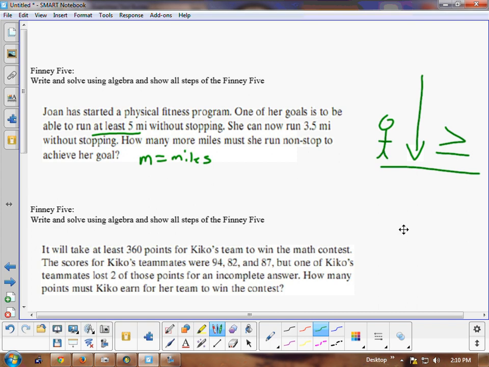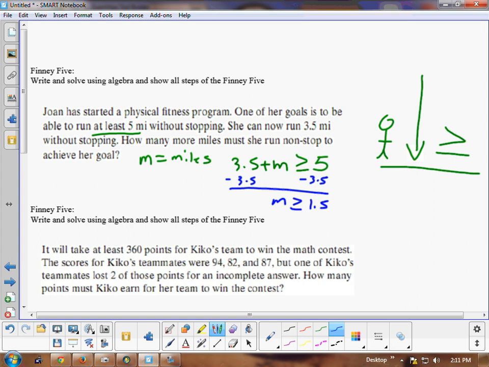So to set this up, you just do 3.5 plus the miles she needs to run is greater than or equal to 5. And then you're going to solve it by subtracting 3.5 from both sides, and you get M is greater than or equal to 1.5.